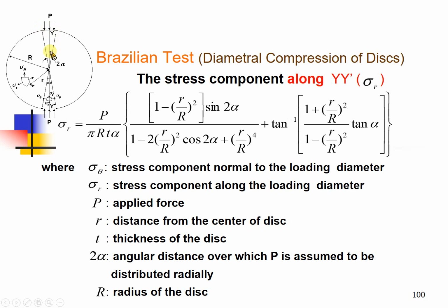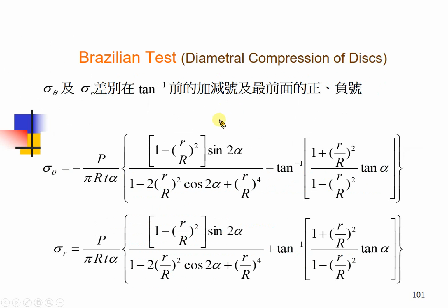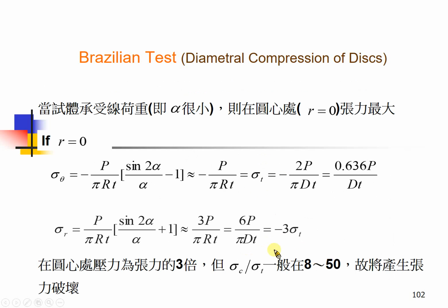I will show you. And this will be the alpha. The radial stress and the tangential stress will be functions of alpha as well. Okay? So the only difference between the tangential stress and the radial stress is that this will be minus, this will be plus, this will be minus, and this will be plus. That will be the only difference.